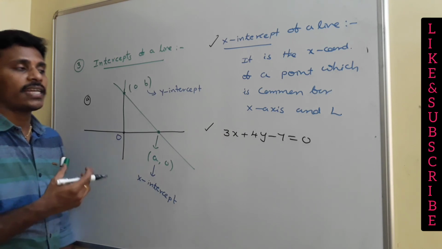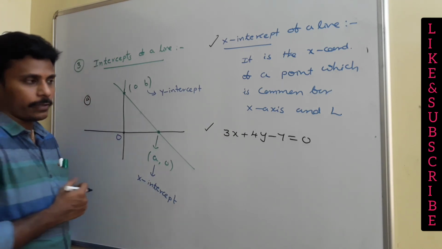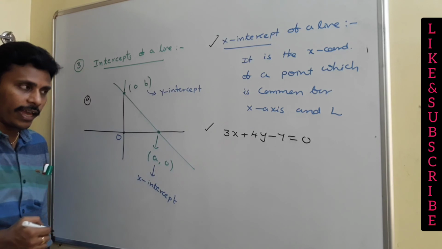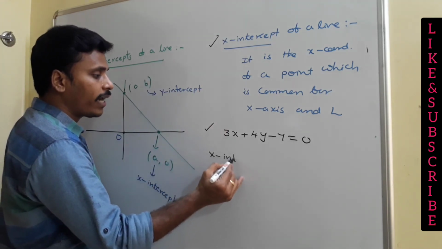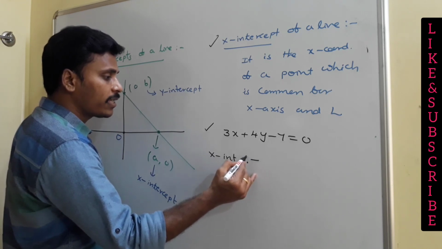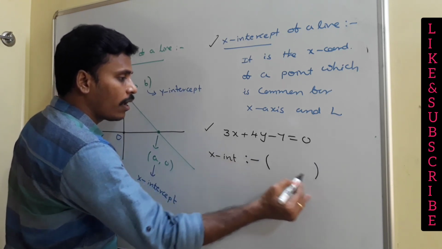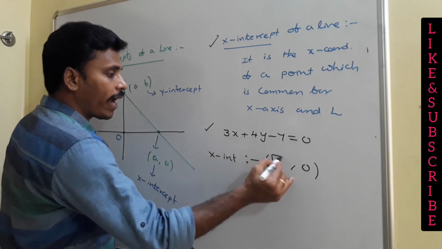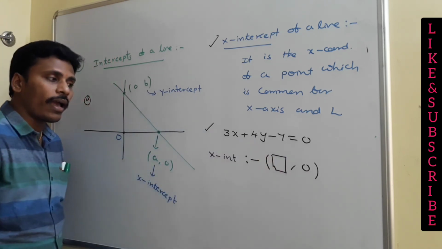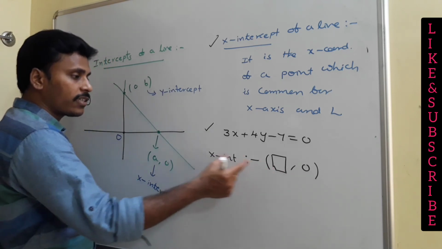How do we find the x-intercept as well as the y-intercept? To find the x-intercept, it is just a point, and for this point the y-coordinate is 0. Now our task is to find this x-coordinate.